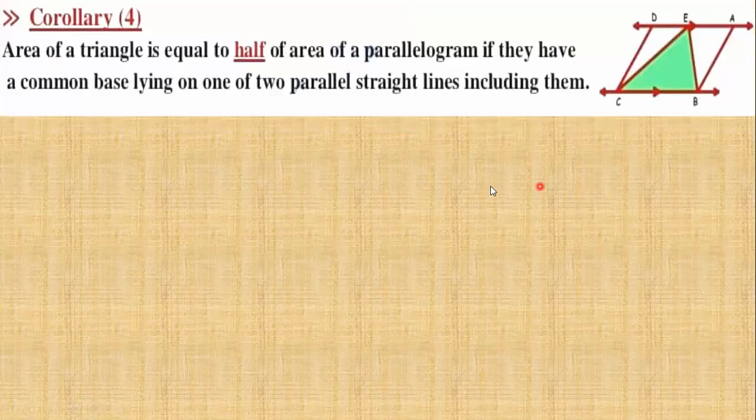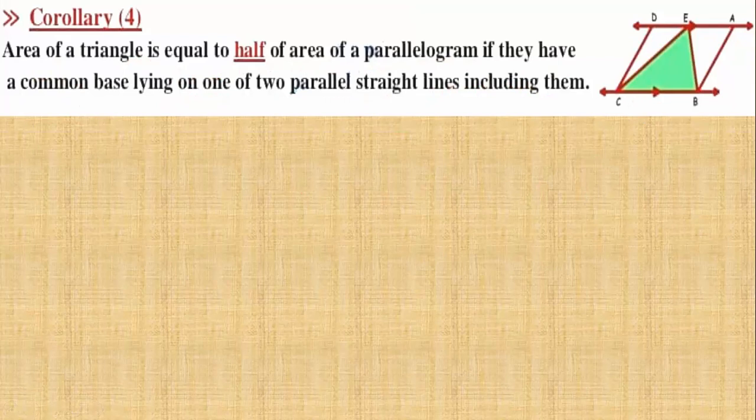Going to number 4. The area of the triangle is half the area of the parallelogram. Here we have a parallelogram ABCD and its base is BC.